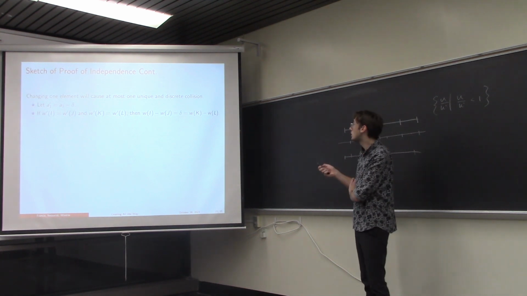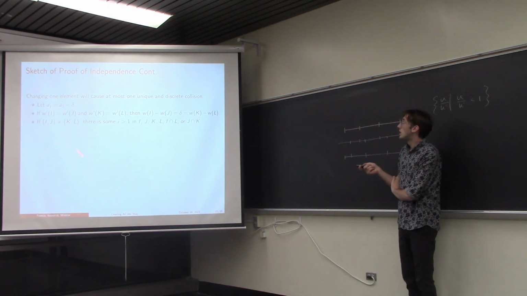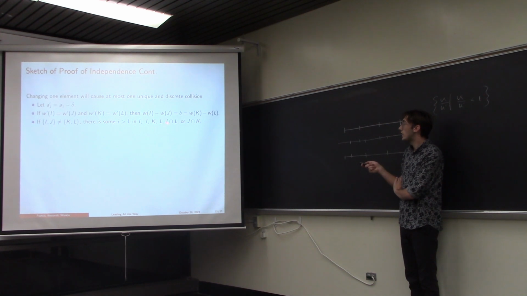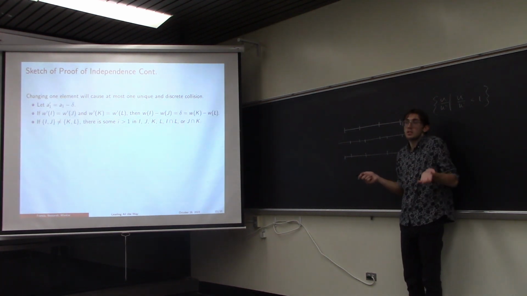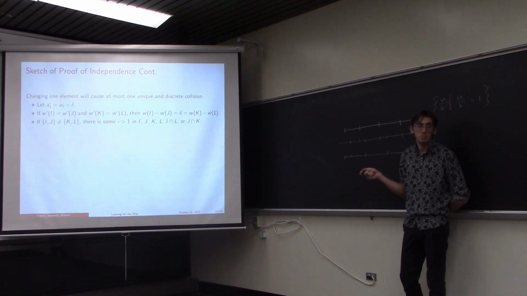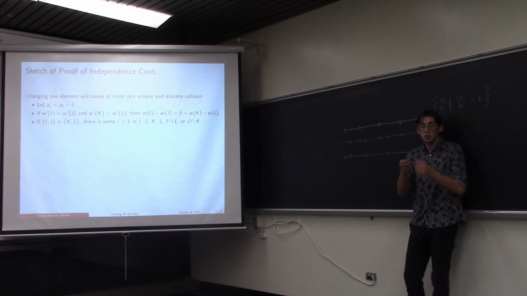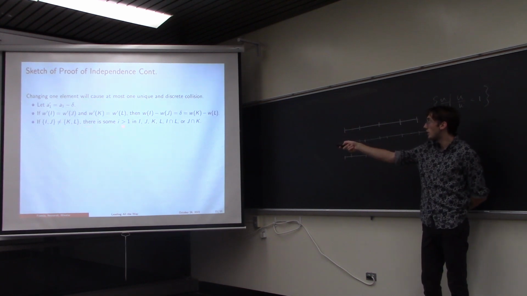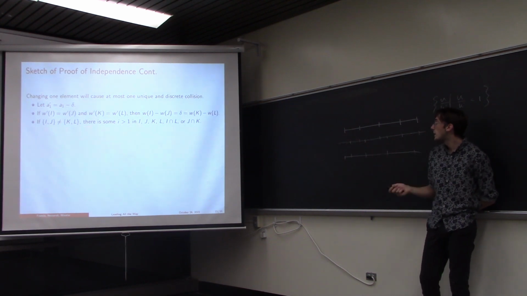Right? Okay. So if they are different, then there has to be some i in either I intersect K, J intersect L, or I intersect L, or J intersect K. And that just comes from contradiction. If there isn't anything in these, then it turns out that these two sets are the same. So the violating of uniqueness is what gives us that there's some i in one of these sets.